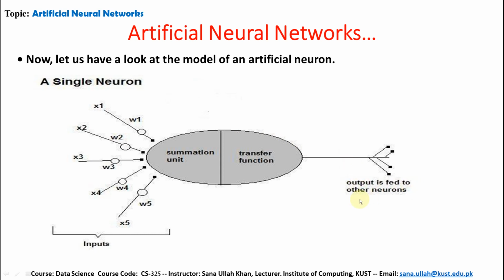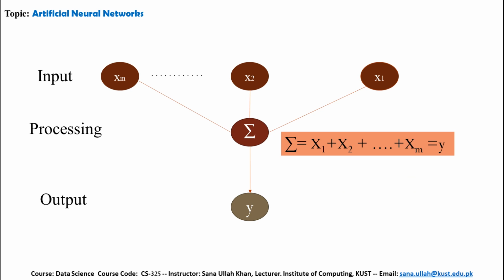The output is fed to other neurons. These are inputs x1, x2 up to xm, coming through the synapses and combined here as x1 plus x2 plus up to xm, which is equal to y. The activation function is applied and then it goes to the output, which is y.